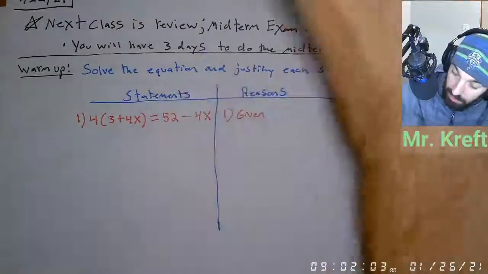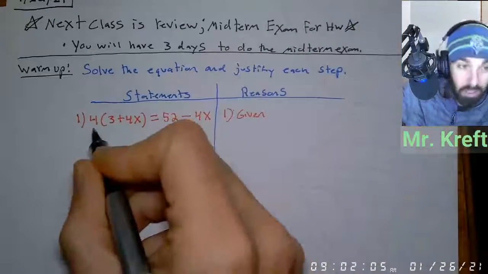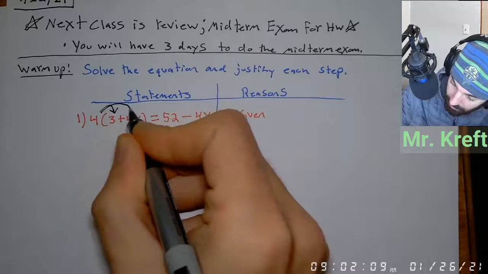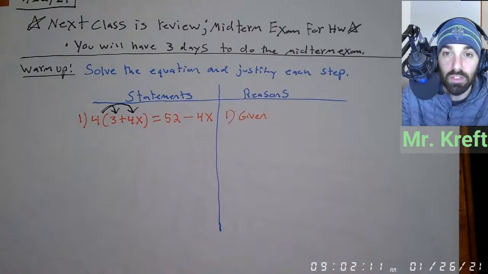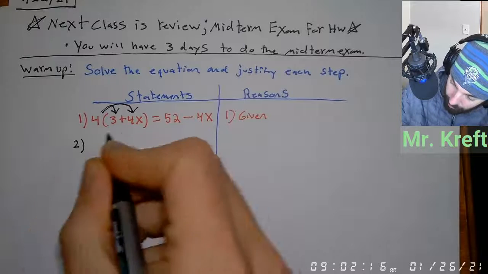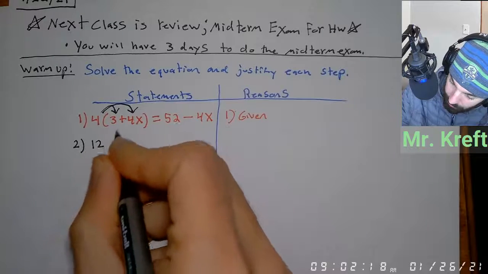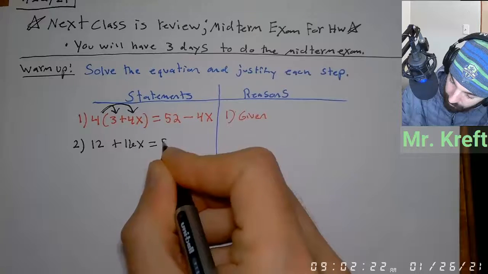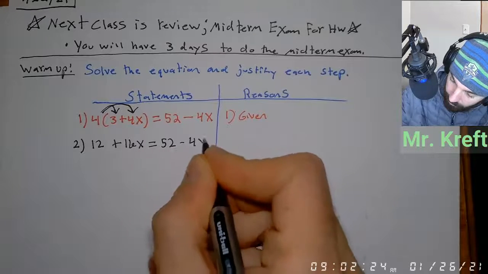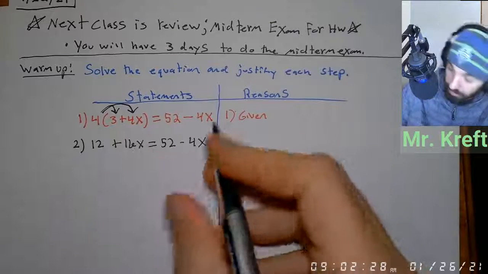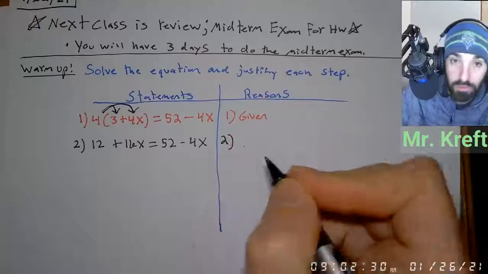The first thing that I would do here is I see I have a number outside parentheses, so I'm going to distribute to everything inside those parentheses. My second step is 4 times 3 is 12, and then 4 times 4 is 16. Remember, in our reasons here, we have to justify our steps.